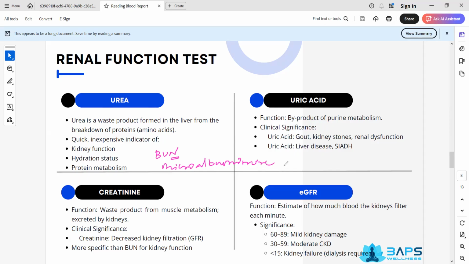These are all the tests if you suspect based on the renal function test and also the urine. If you suspect, then you ask for BUN, microalbuminuria, and cystatin C along with GFR to ascertain any CKD.